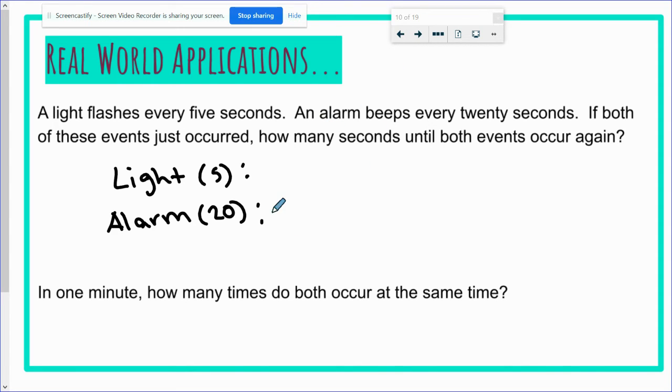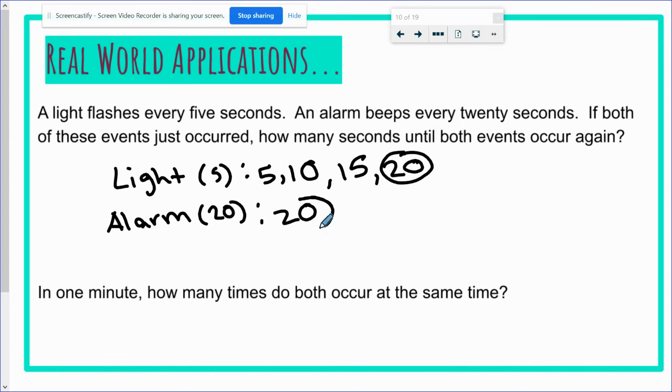So they both just happened, and then for the light, in another 5, and then another 10, and then another 15, and then another, I already see something. All right, so we have 20 here, and 20 happens to be a multiple of 5, so they would both occur every 20 seconds.